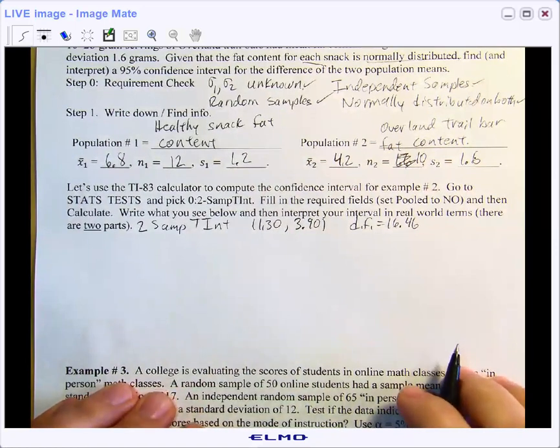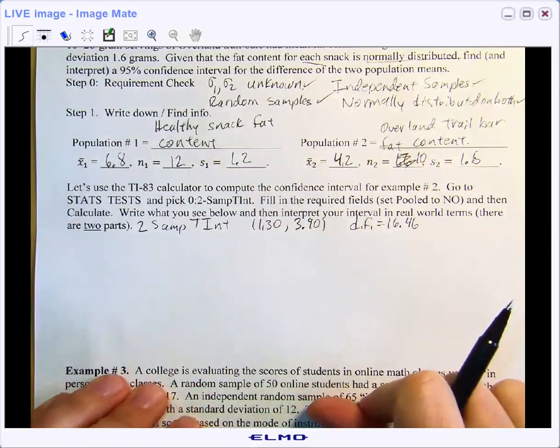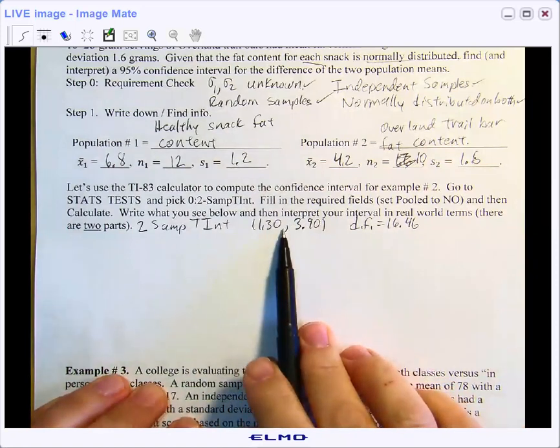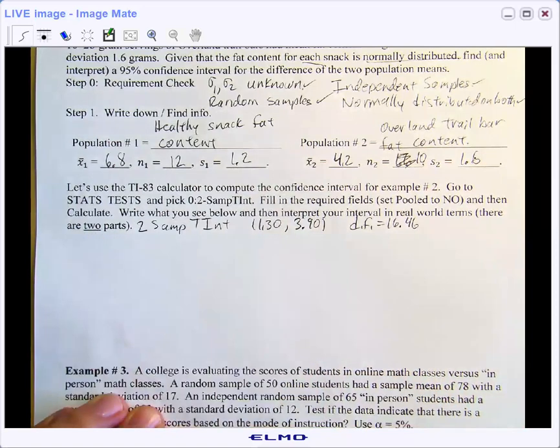Now, since we have two samples that we are talking about here, and this is not a confidence interval for one sample or the other, but for their difference, we're going to need two parts to our conclusion.